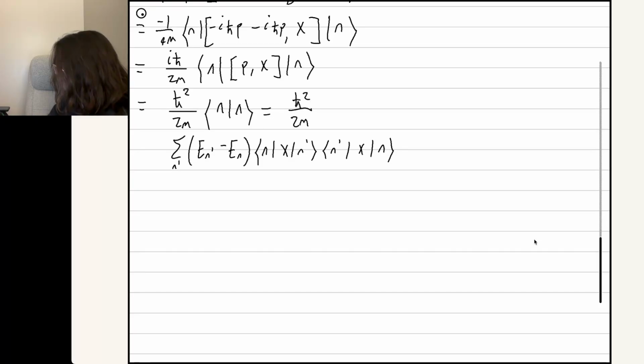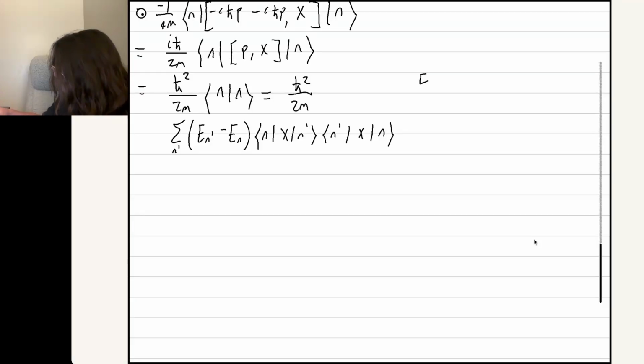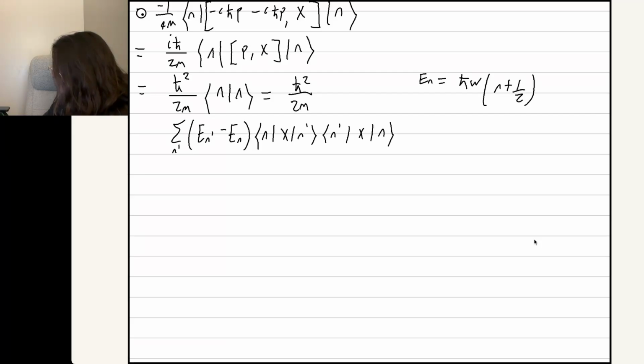So for the harmonic oscillator, we know that the energy eigenvalues are just given by h bar omega times n plus a half. We also know that, instead of writing the complex conjugate formally, I'm just going to write the square modulus of n prime, x, n, squared.